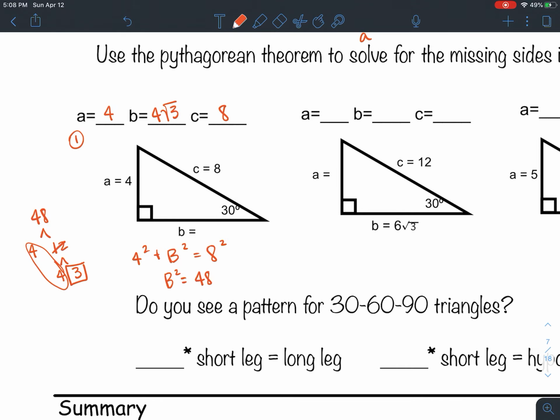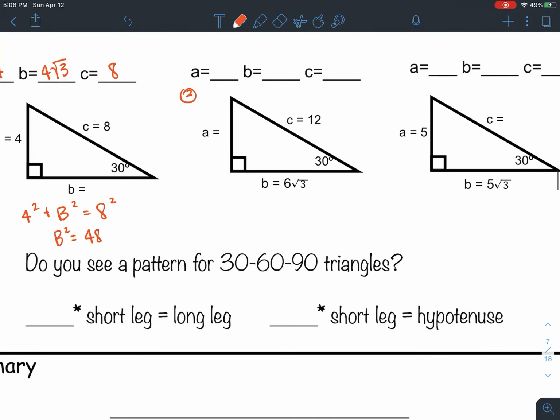Let's work example 2. In this case, I'm looking for the short leg. A squared plus all of it, (6 root 3) squared is equal to 12 squared.